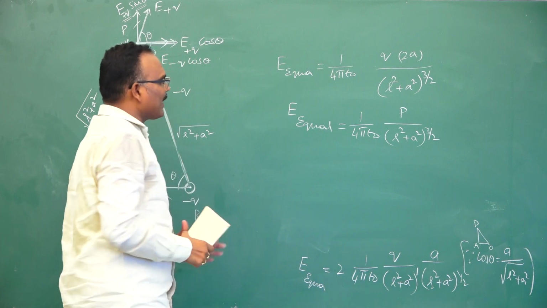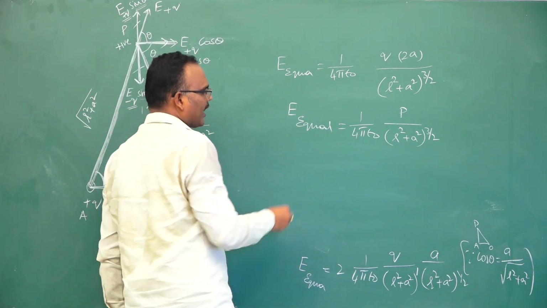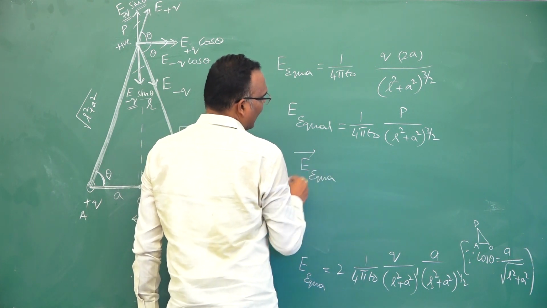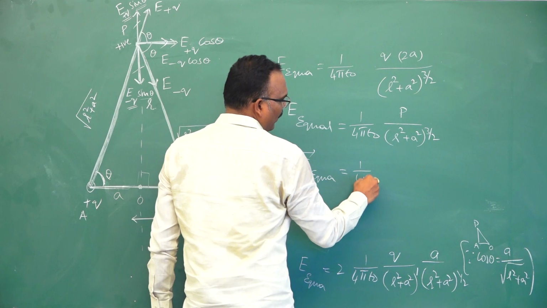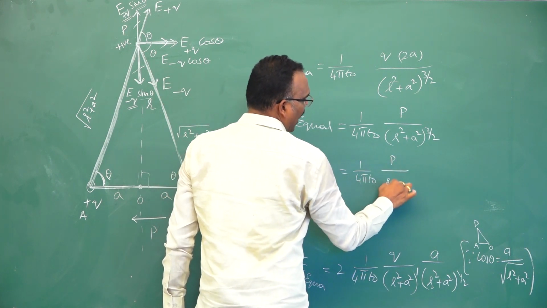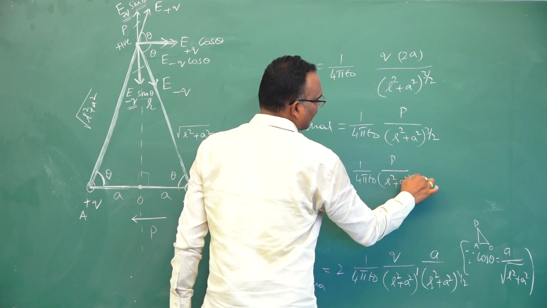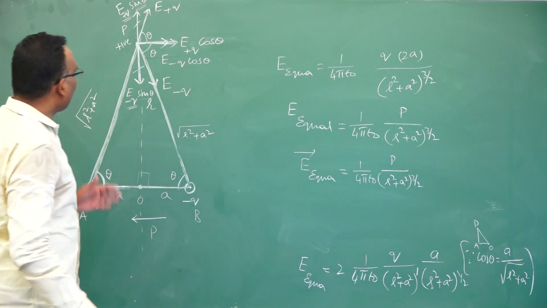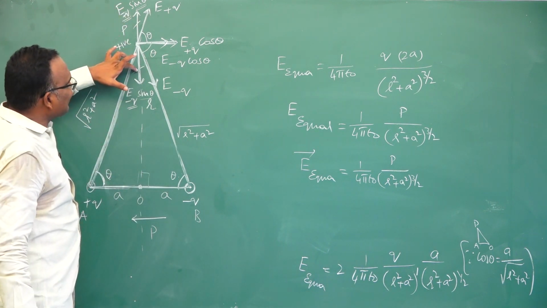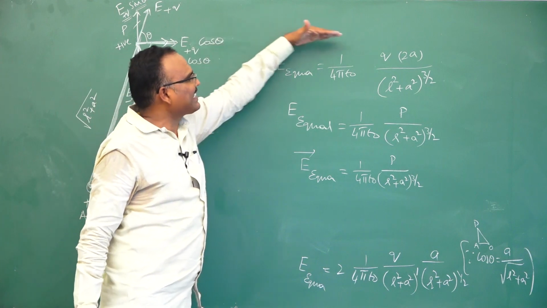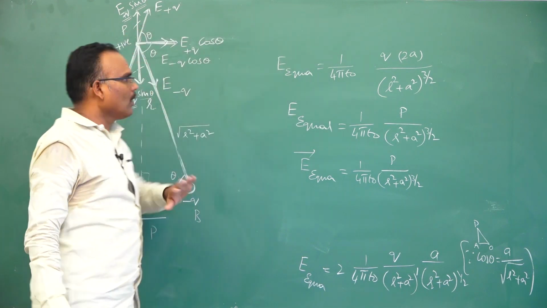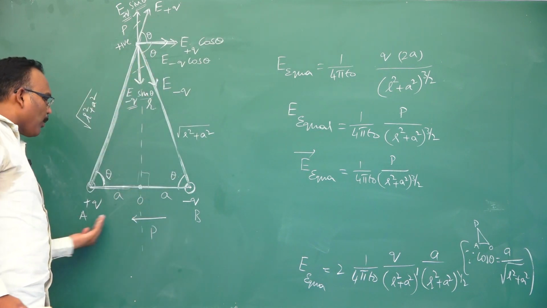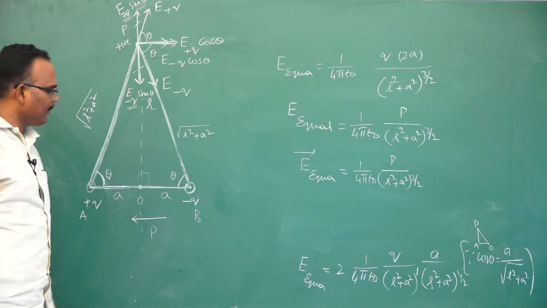And if you want to express the same thing in vector notation, I will write E bar equatorial line, that is 1 by 4 pi epsilon naught p by r square plus a square whole power 3 by 2, and I have to multiply with a unit vector. See here, vertical components get cancelled out. Electric field will be along this direction, horizontal. But dipole moment is opposite to the direction of resultant electric field.